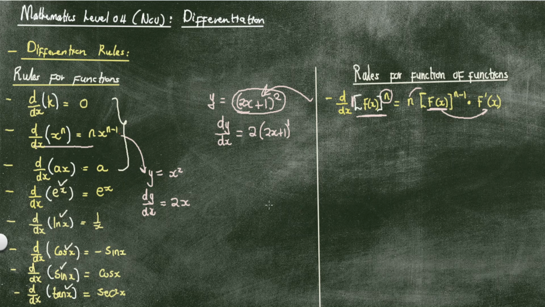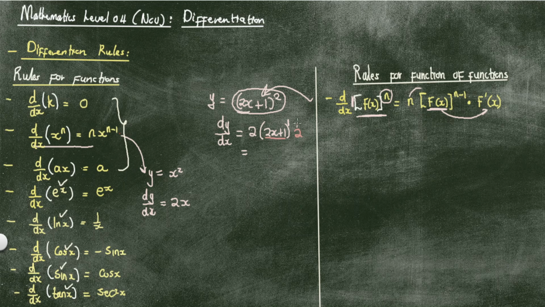Then I take the inside function and differentiate it. The derivative of the function inside the bracket is simply 2, and I multiply with it. Now let's simplify this further.